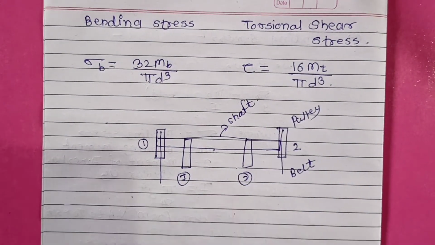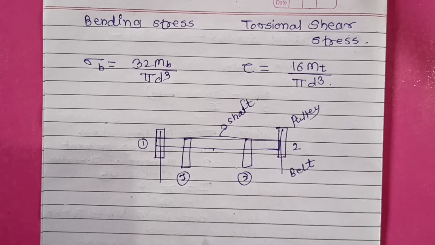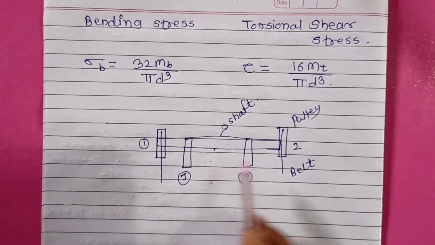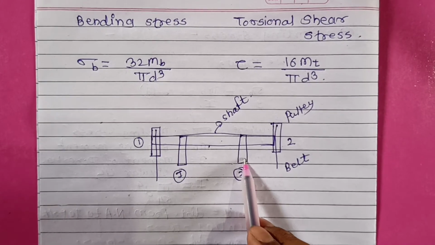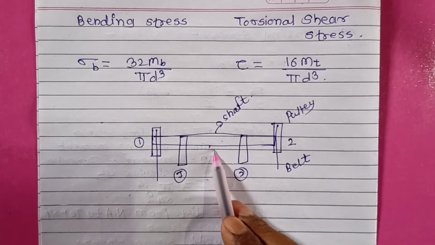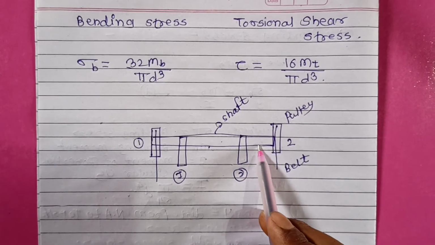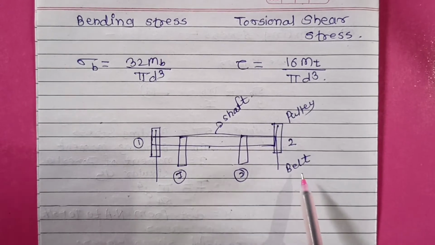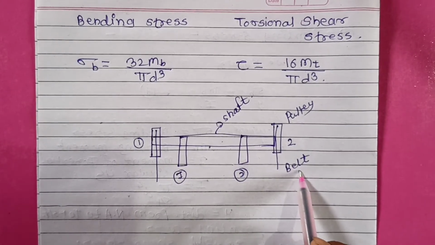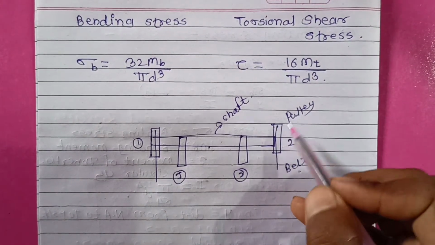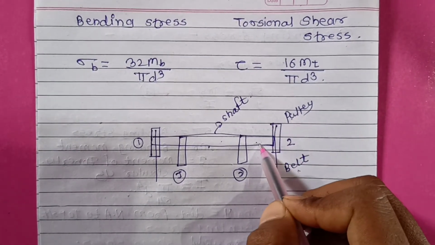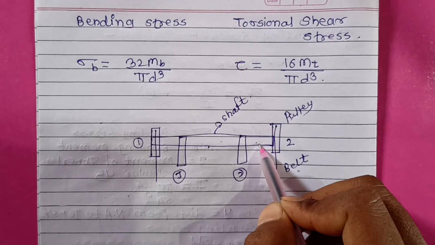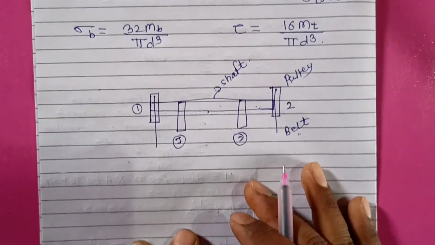One shaft has two pulleys mounted on it and two bearings are used to support the shaft. Now this shaft is under working process, the belt rotates, and due to the rotation of the belt the pulley rotates, and the pulley is mounted on the shaft, so due to the rotation of the pulley the shaft also rotates.